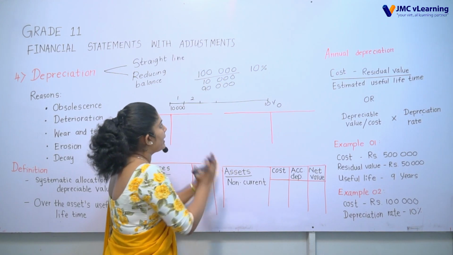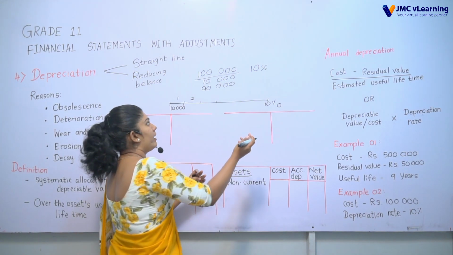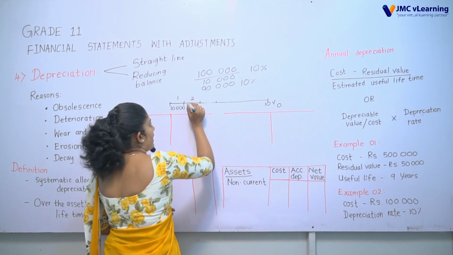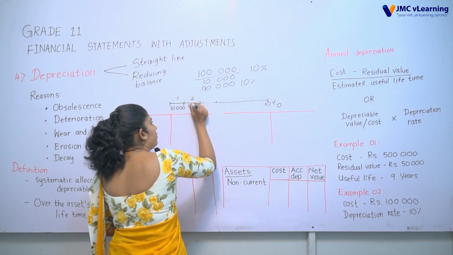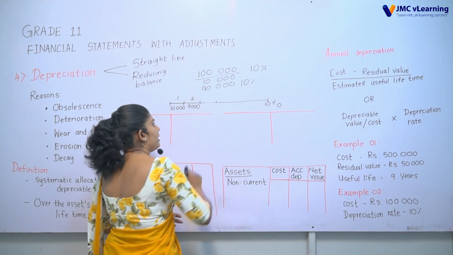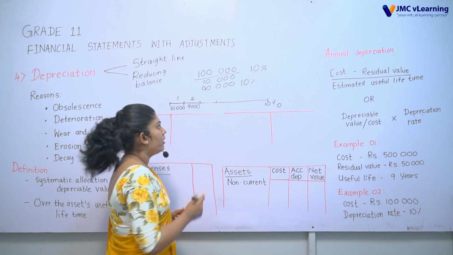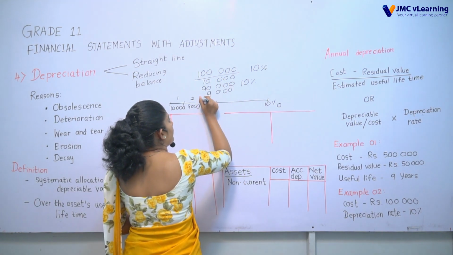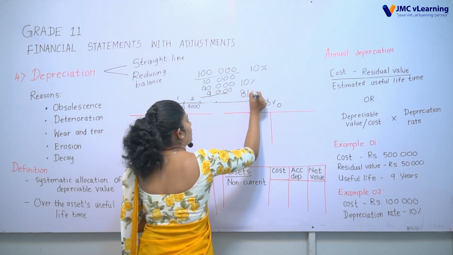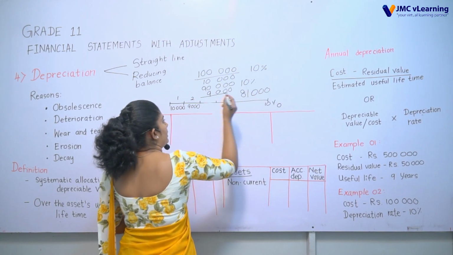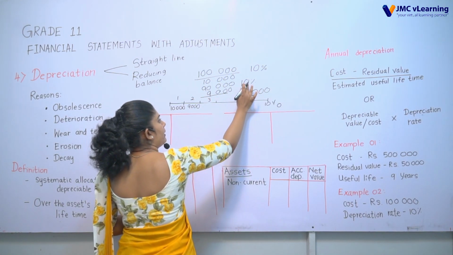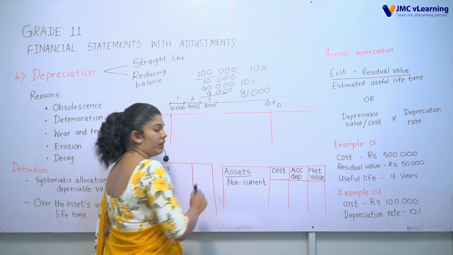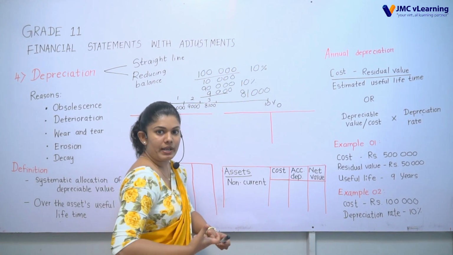So from this 90,000 only, we are calculating another 10% for next year. That means for next year, we treat depreciation as 9,000. In the third year, we reduce 9,000 out of this. Then you get 81,000. For the third year, you get depreciation 10% out of 81,000, 8,100. Like a compound basis.